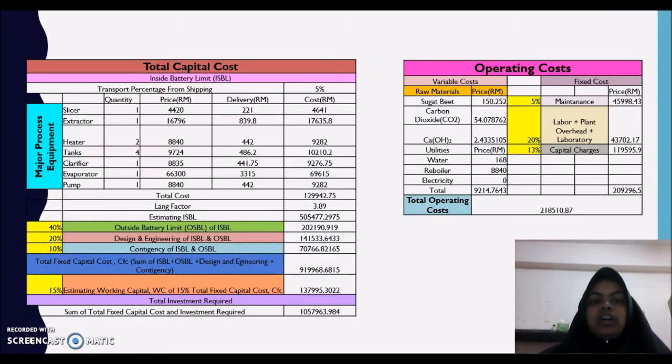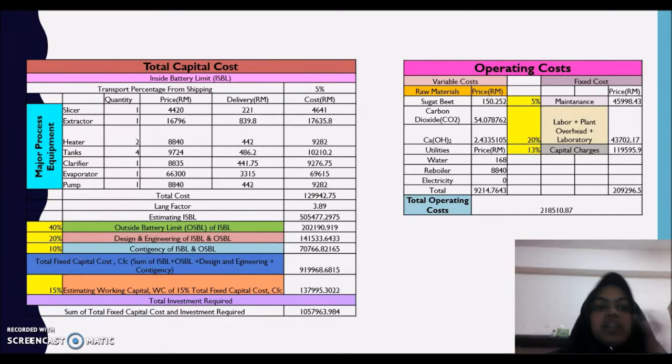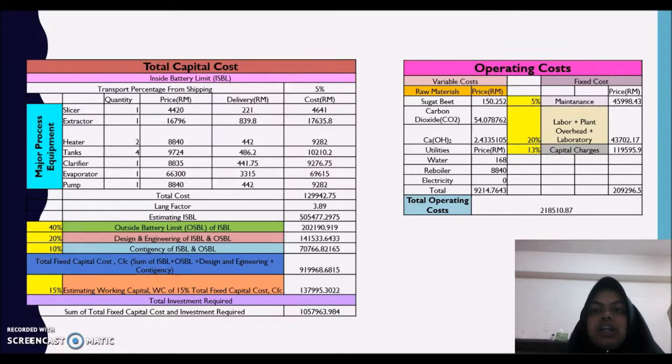For total investment required for our company, we got about 1 million. And then we have operating cost, which is of two types, variable cost and fixed cost. For variable cost, we have raw materials and utilities.